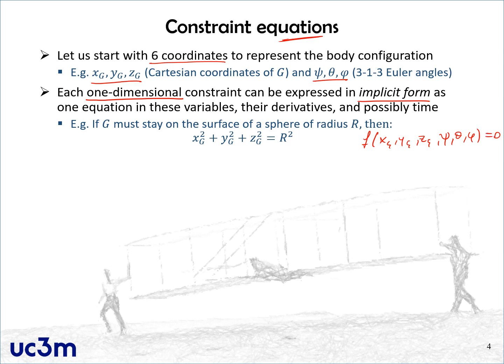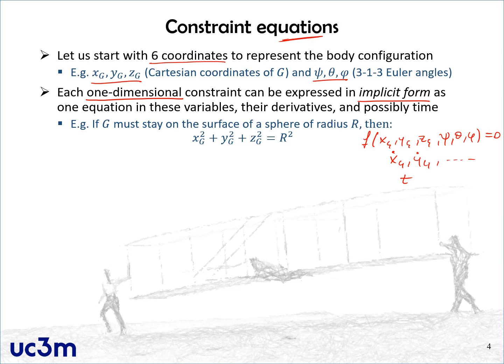That's the implicit form of a constraint. If the constraint is simple, indeed we can write it in this form. If it is not simple, and for example it is non-integrable, it will also depend on the derivatives of your coordinates, also the derivatives of the angles. And if it's not stationary, it will depend also on time, and so on.